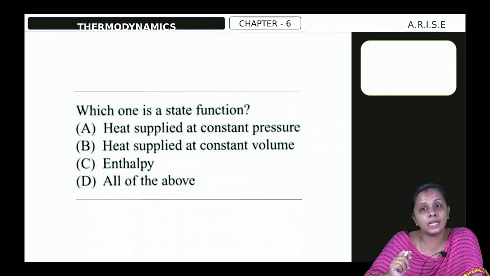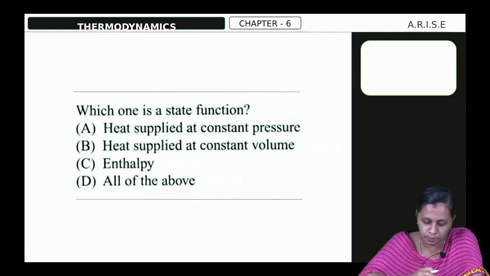Which one is a state function? So what is a state function? The properties which depend only on the initial state and final state are known as state functions, and those properties which depend on the path followed are known as path functions. Now, which one is a state function?